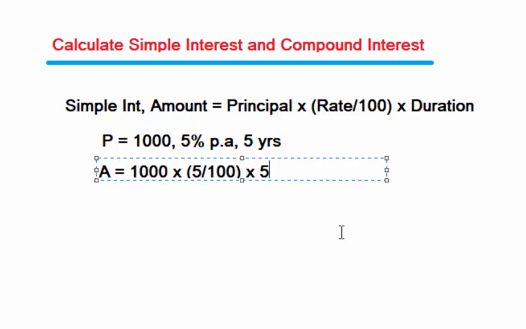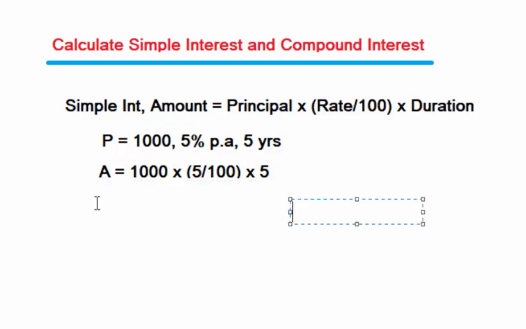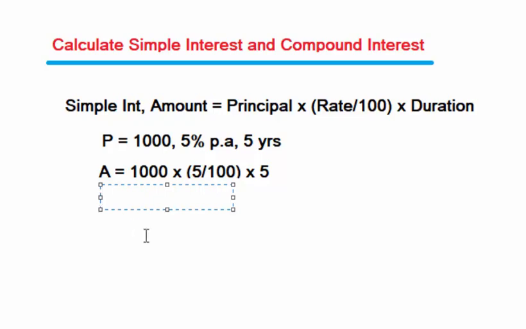In this case, I will be able to get the final amount for the investment, which should be 1,000 times 0.05 times 5.